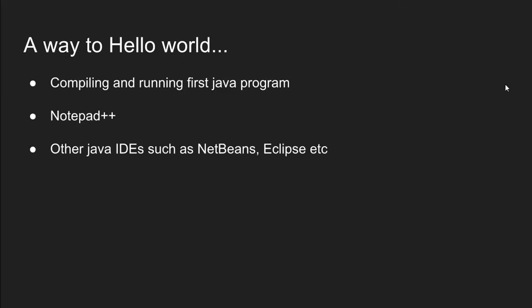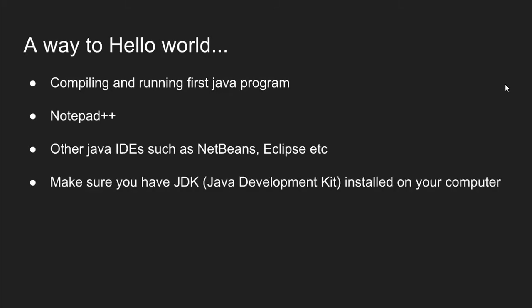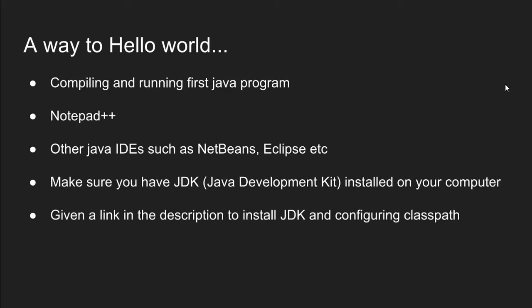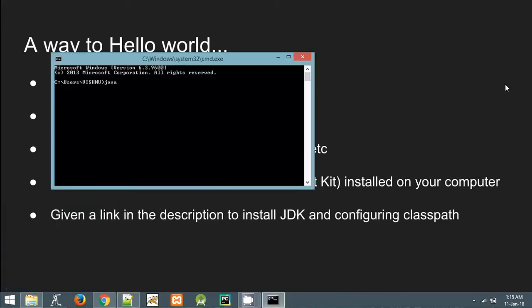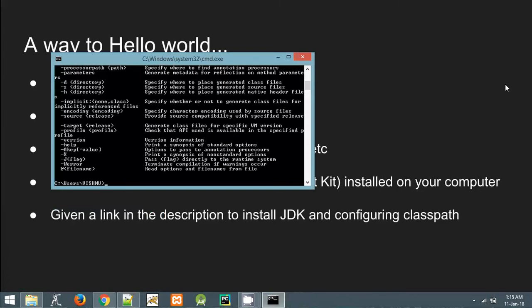You can use them. Before creating your first Java program, make sure you have JDK, the Java Development Kit, installed on your computer. If you haven't, I have already given a link in the description where you can find a step-by-step guide to install JDK and configure the classpath. If you don't know whether JDK is installed on your computer or not, you can check by opening the command prompt and typing javac in a Windows environment.